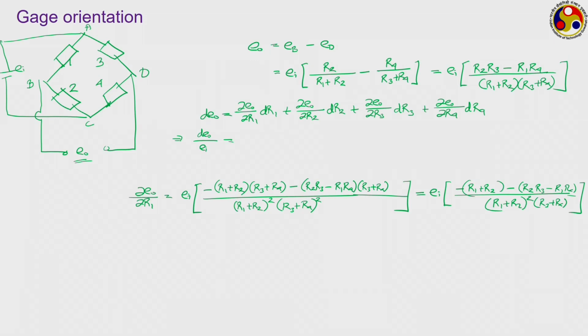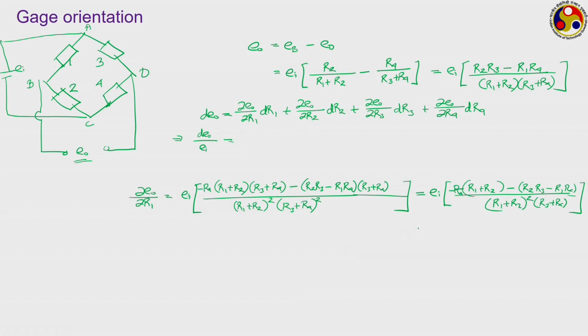Have I missed something? I feel I have missed something when doing the first step. In the numerator, there should have been an R4, which I have missed. So, it is minus R4 in the numerator, that means we have an R4 here.